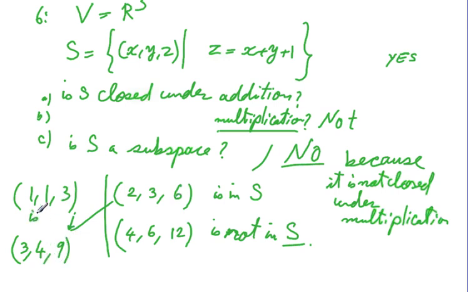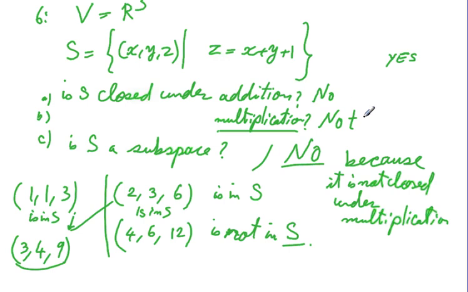So this one is in S. This one is in S. I added them, and how about the outcome? Is that a member of S? The last one is not the sum of the first two plus an extra. You need 2 extras.